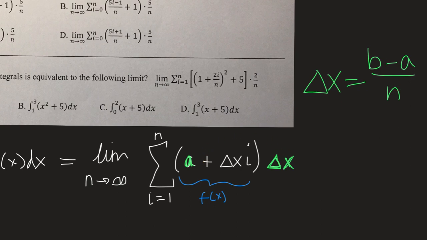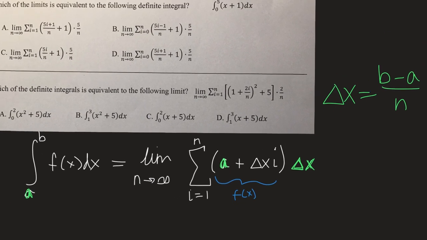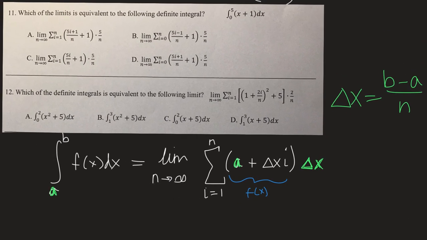So let's see if we can make sense of that with our given problem. Okay, so we have from 0 to 5. All of these have the same limits. Oh, this one starts at 0 and that one starts at 0. So let's throw those out. Those don't look like they match our 1, because we wanted to start at 1. We're starting at 1 almost always, so we can throw away b and d.